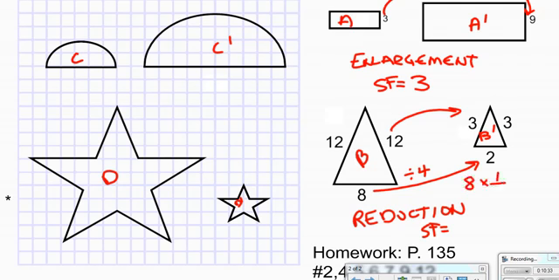Well, 8 times 1 over 4 is the same as 8 over 4, or 8 divided by 4. So our scale factor is 1 over 4, or we could put it as a decimal, 0.25. Okay, so C to C prime, D to D prime, you're going to do those on your own as well, and we are going to check those in class tomorrow.